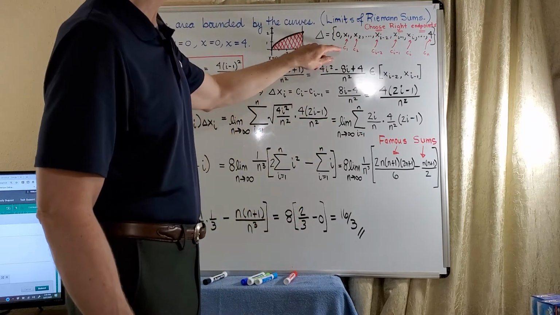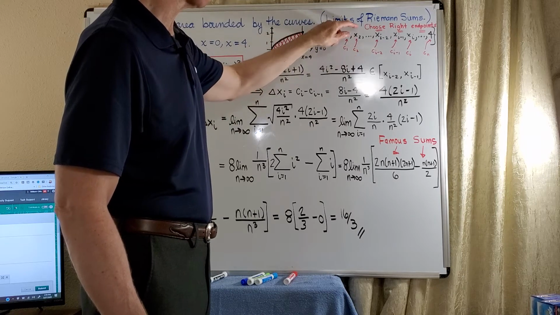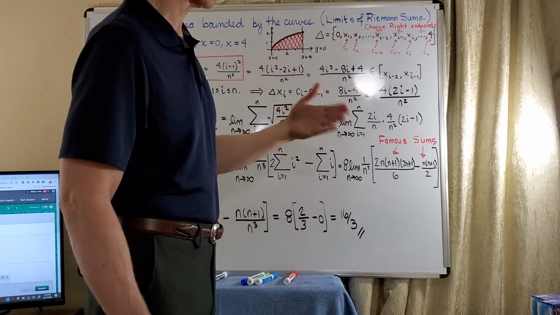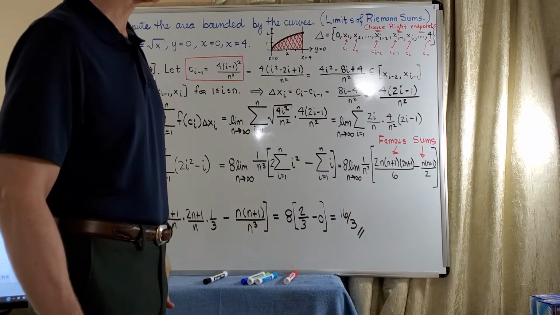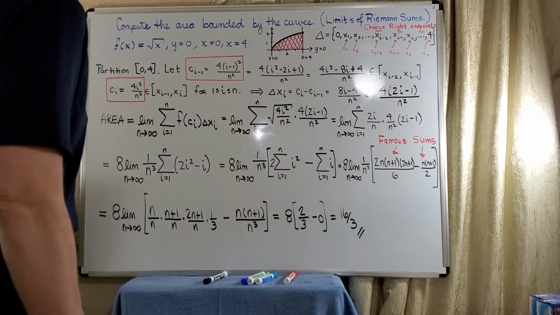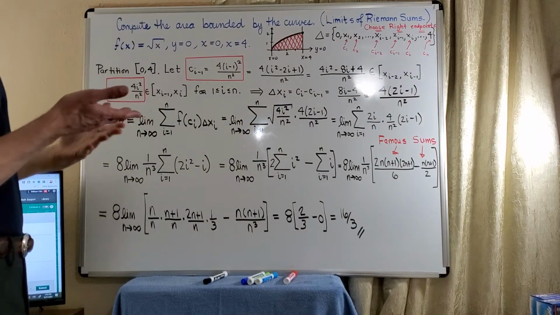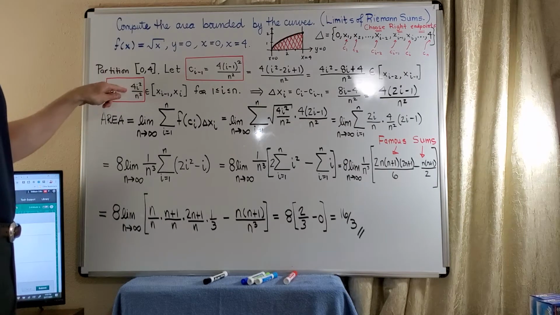And that just means the c sub 1 will correspond to x sub 1. The c sub 2 will correspond to x sub 2, etc. That just makes the algebra easier, and all of our sums can start at 1 and again make the algebra simple.